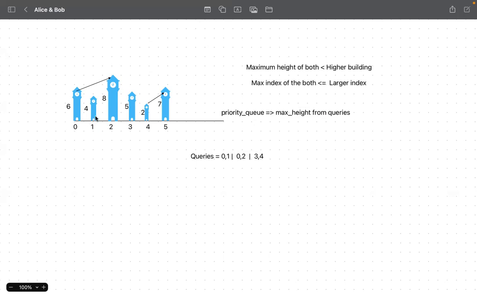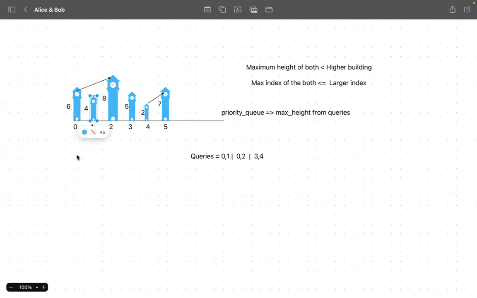Nothing, right? Then it comes to the first index. For the first index, we will look at all the queries where the index of the maximum value is less than 1. There is nothing here as well, because it's 1, and 1 is equal to 1, it's not lesser than 1. So no queries have been served as of now.